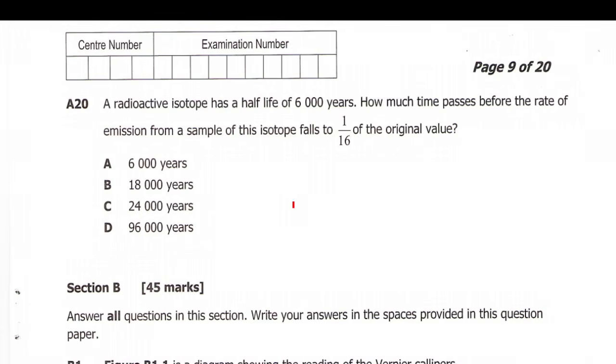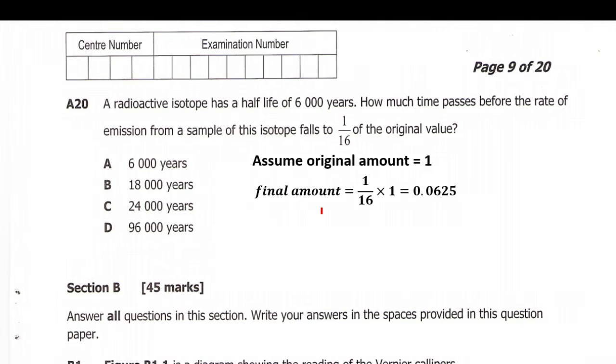So what we are going to do here is assume the original amount of the sample, because we haven't been told the original amount. So assume the original amount of sample is equal to 1. Then we look at the remaining, or final, amount of the sample.